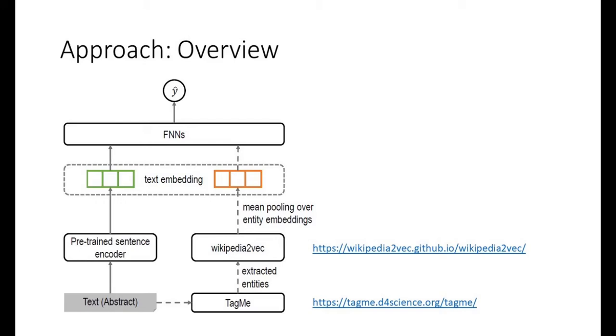The figure in this slide shows an overview of the approach, with extracted entity embeddings as an optional component. The left part should be pretty familiar for the majority of us, as it just converts the given abstract into the text embedding with a pre-trained sentence encoder. The right side is about extracting the entities from the abstract using the TagMe entity linking tool.